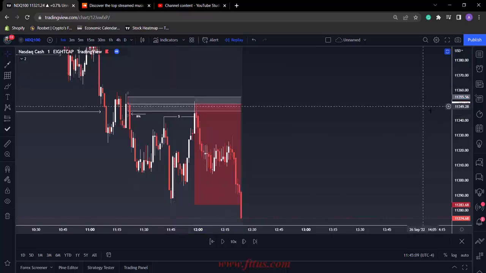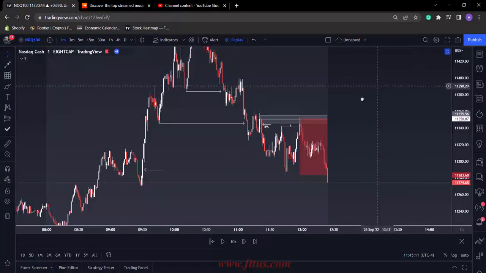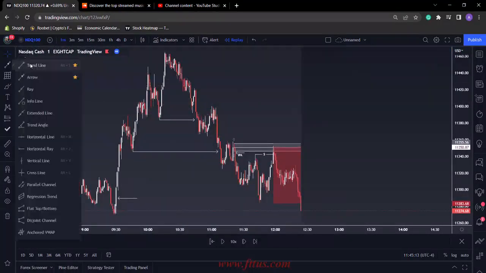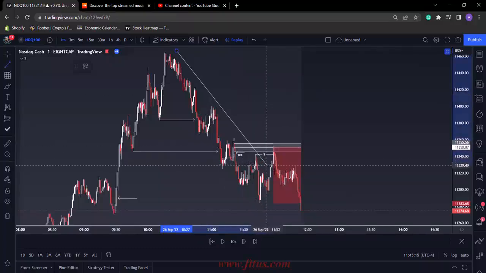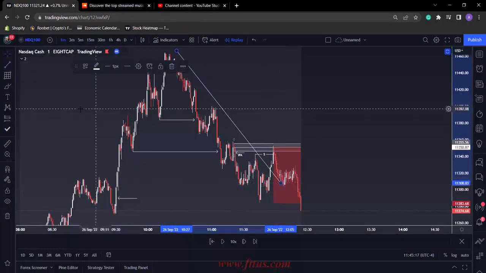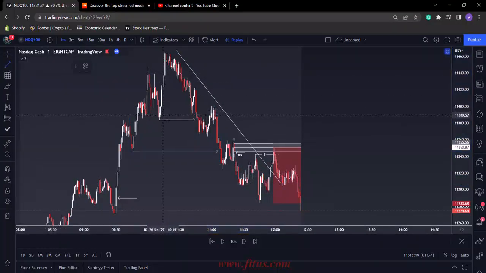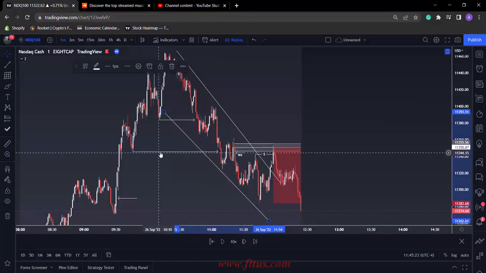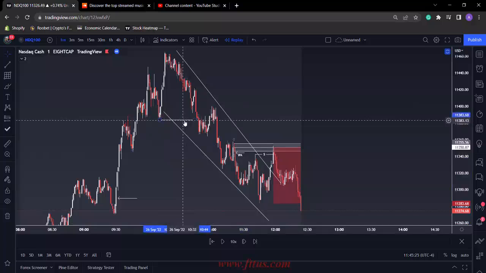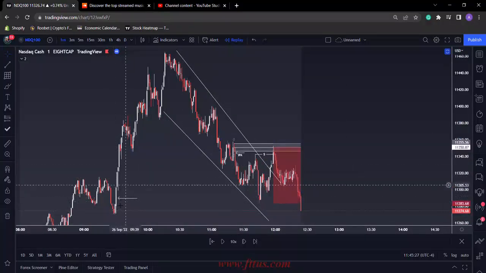So once again, why did we take this trade? Right, we had a clear downtrend. Okay, but you see, let me just delete all these. We had the imbalance down here that we needed to fulfill, right?